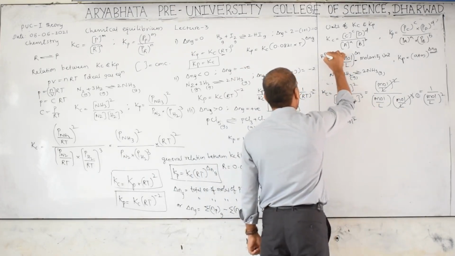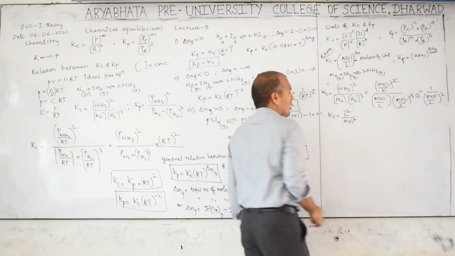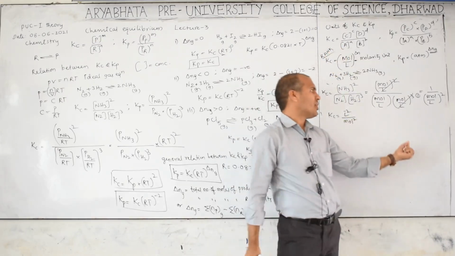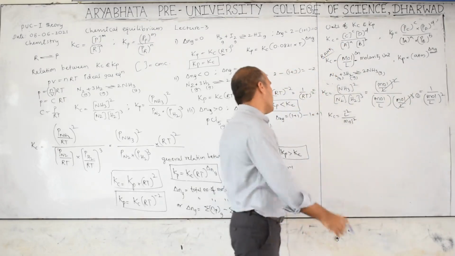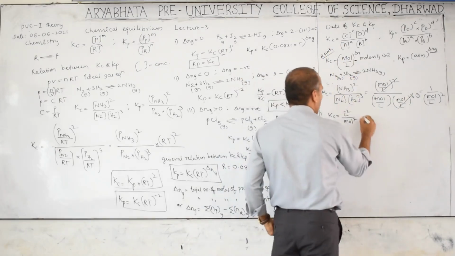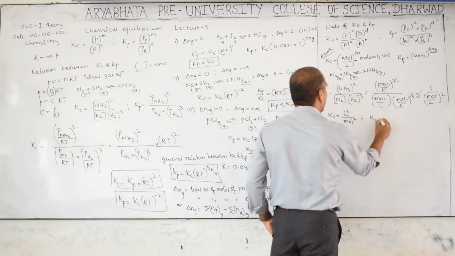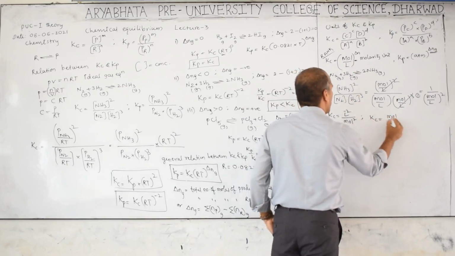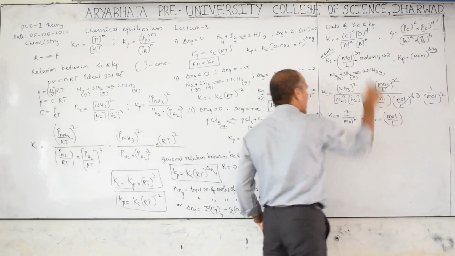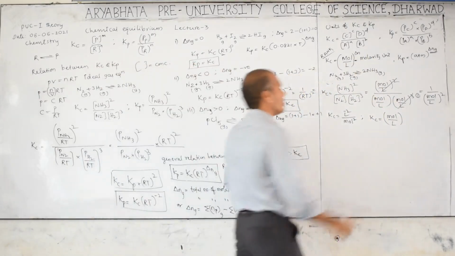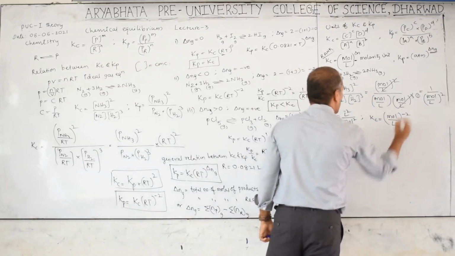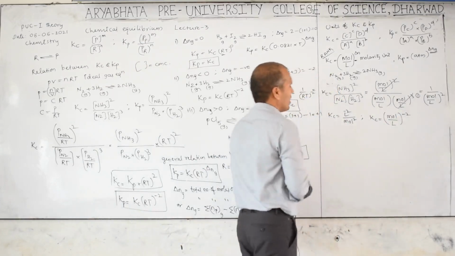This is the easiest shortcut. If you do it the long way, students may confuse which goes in the numerator and which in the denominator, and make small mistakes. If you apply this one, then Kc is equal to mole per liter whole power delta Ng. For this reaction we already calculated it as -2.